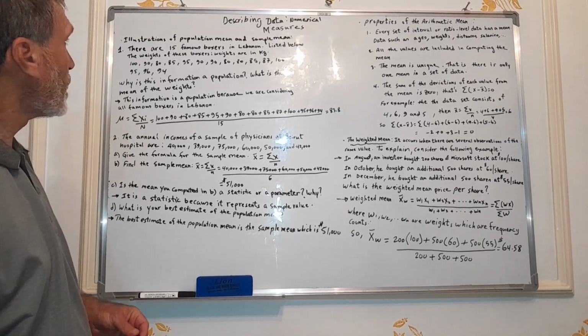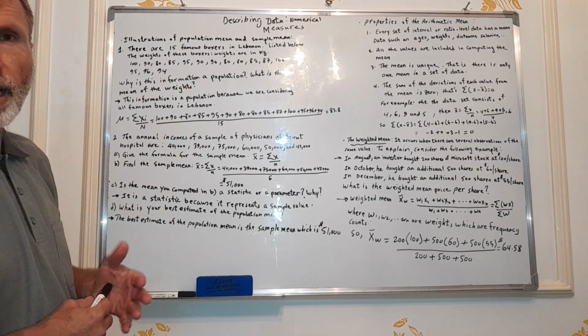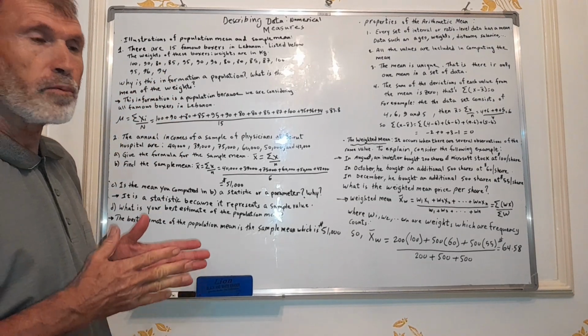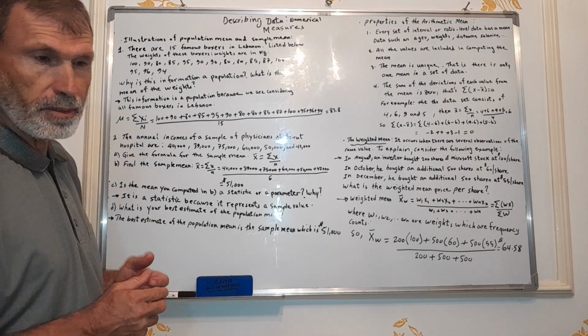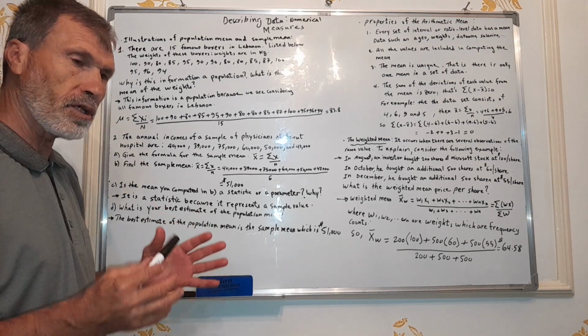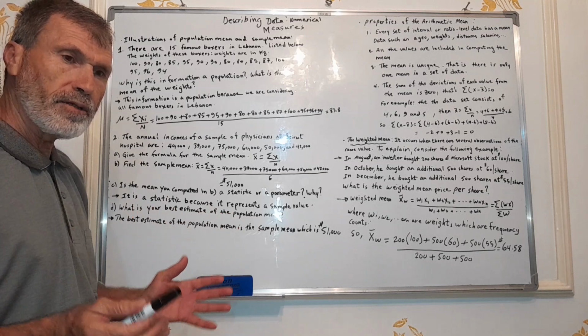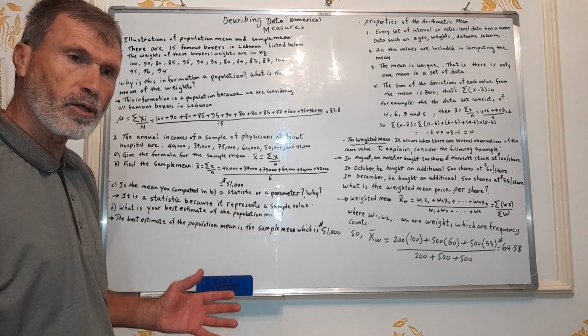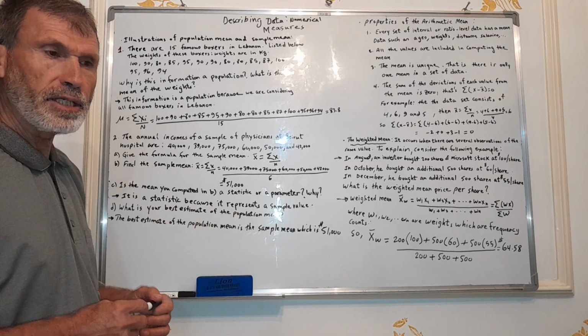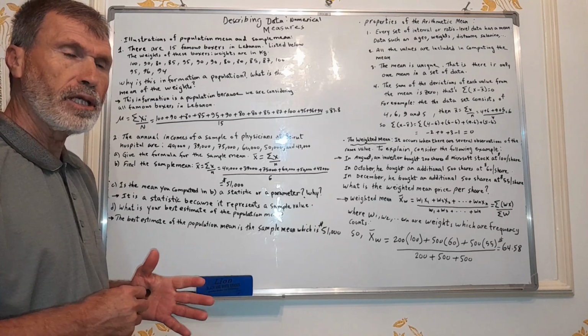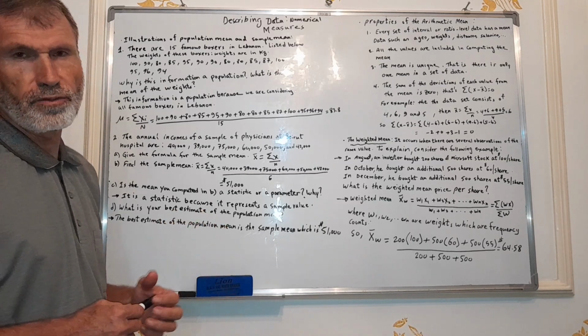Okay, let's give some illustrations, some examples of population mean and sample mean. Remember, a population considers all values or observations in the data. However, a sample considers a portion of the population.